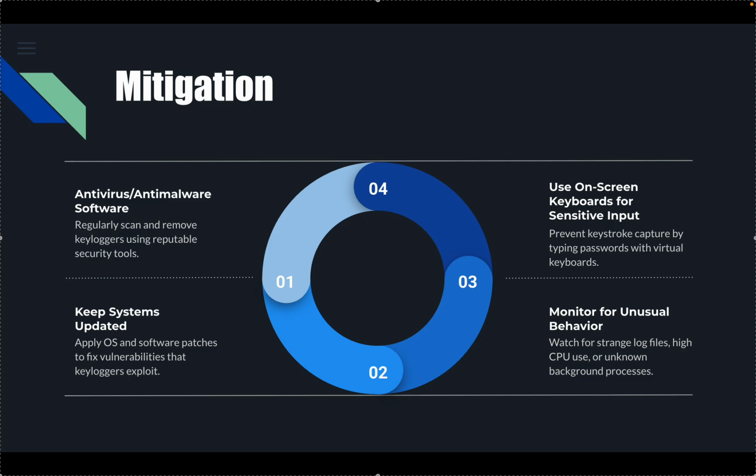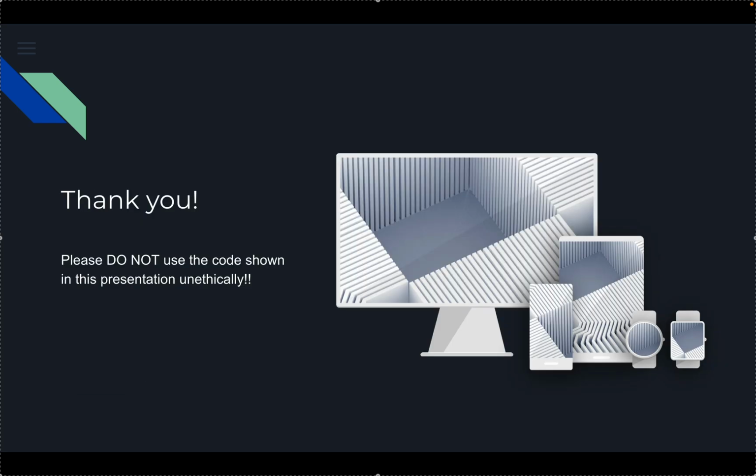Also use on-screen keyboards for sensitive input, which will prevent keystroke capture by typing passwords with virtual keyboards. And monitor for unusual behavior: watch for strange log files, high CPU use, or unknown background processes.